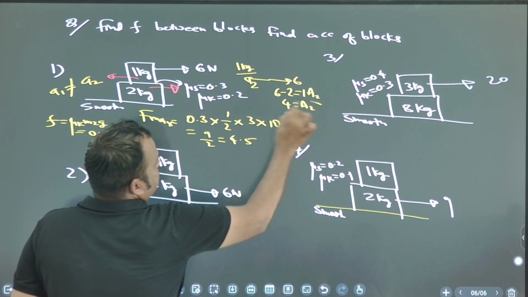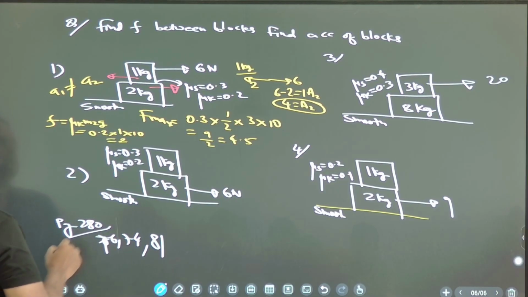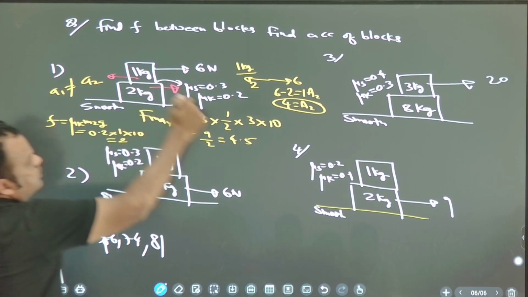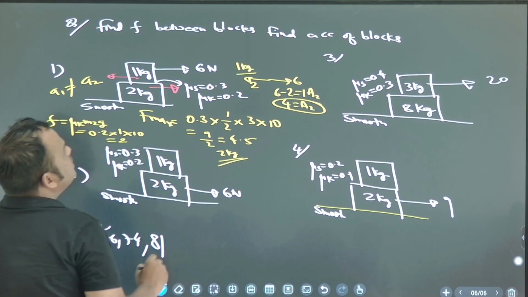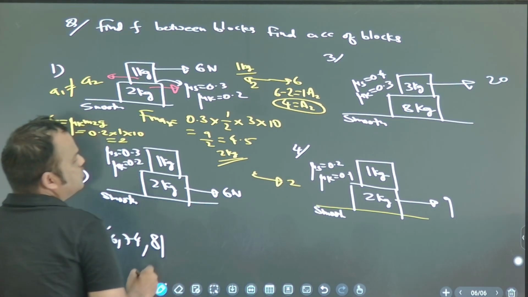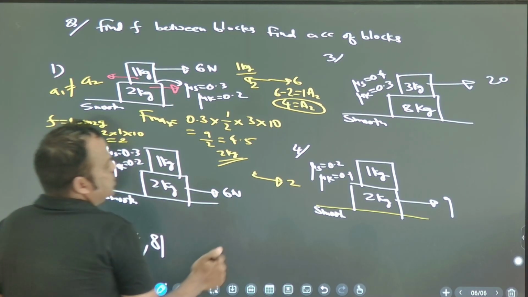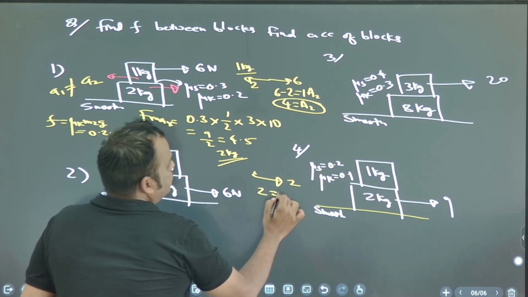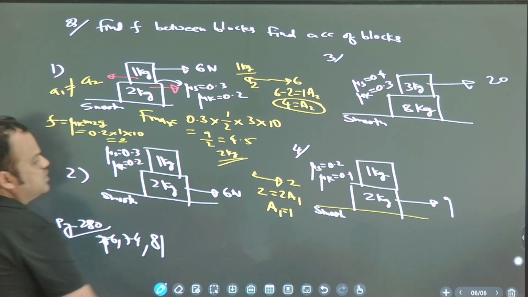So a2 is equal to 4, right side. And for the 2 kg, correct, force is 2, friction is 2, so 2 is equal to 2 into a1. a1 is 1, understood?